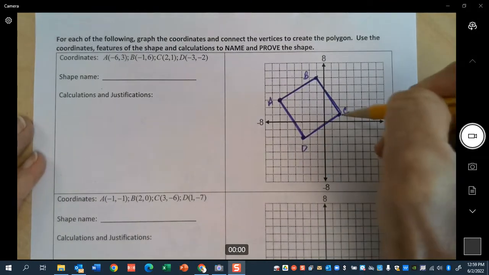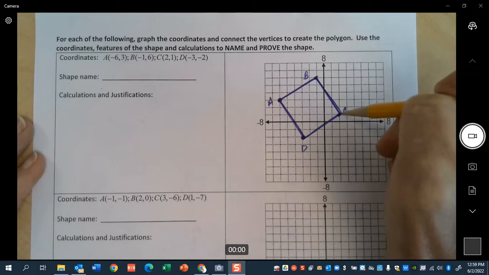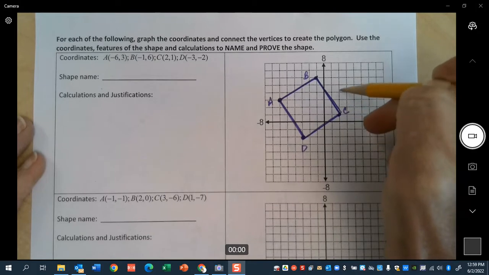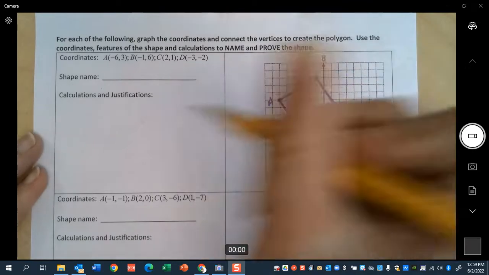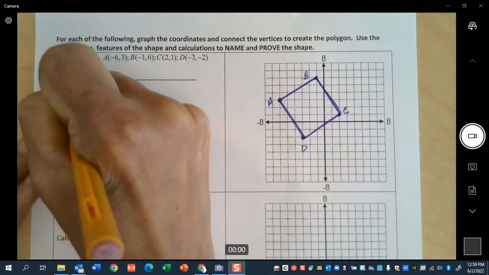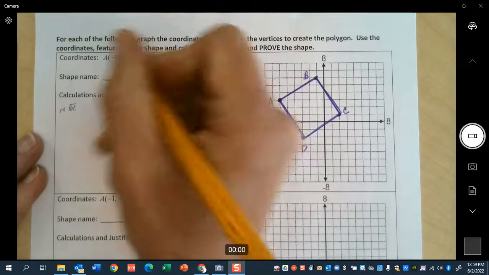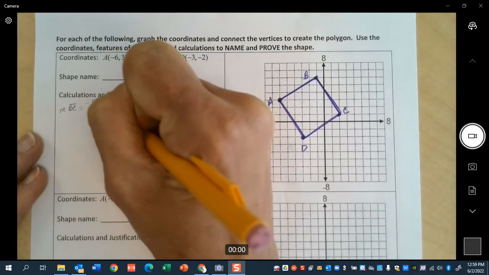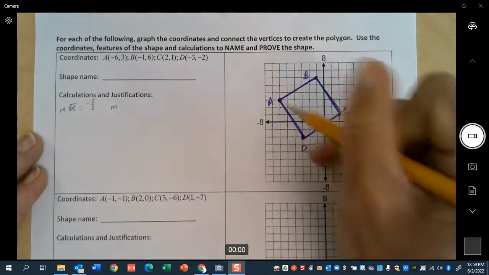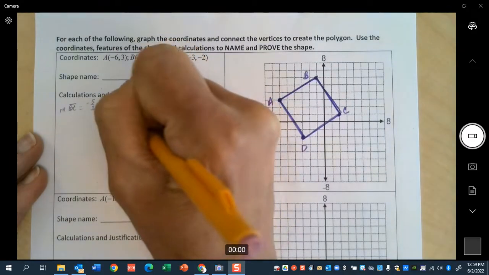You're allowed to use it. So the slope of BC is rise, 1, 2, 3, 4, 5, run, negative 1, 2, 3. So the slope of BC is equal to negative 5/3. The slope of, and if I'm trying to prove parallel, I'm going to do AD next.